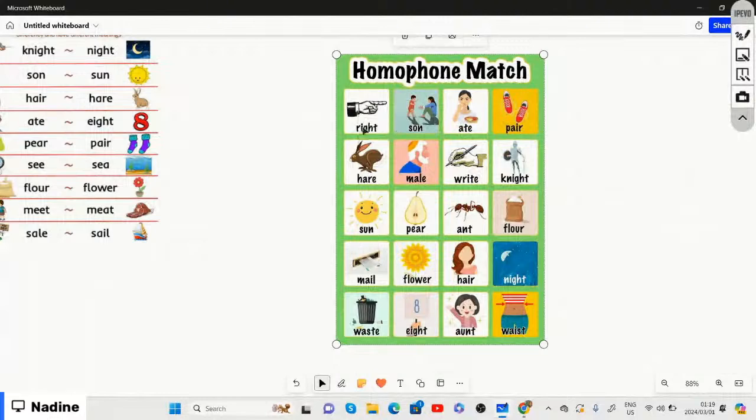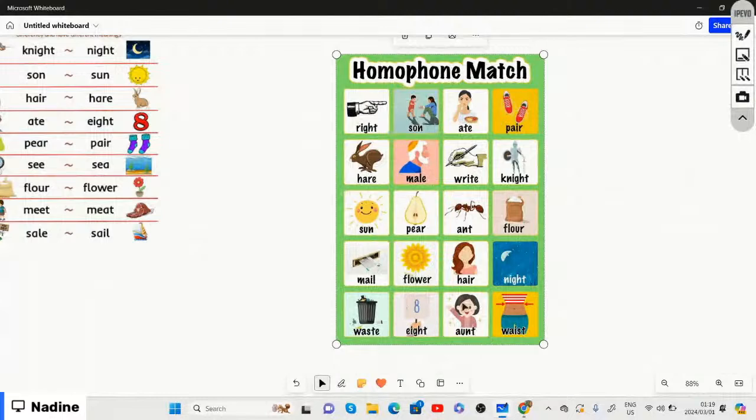So, for example, we have right, sun, eight, pair, hair, male, right, night, sun, pair, and flower, male. Yeah, we also have flower, hair, night, waist, eight, and waist.